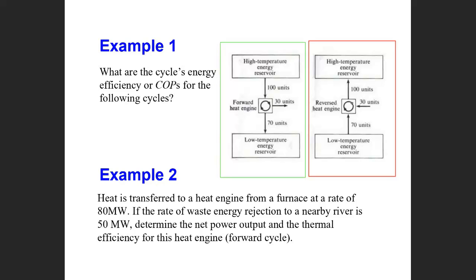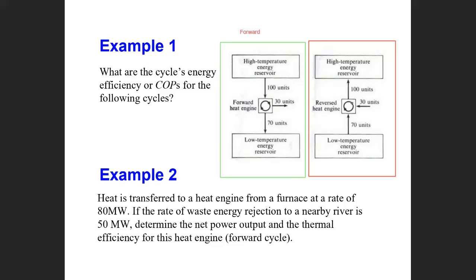Okay, now let's have a look. For example number 1, firstly we need to know if the cycle is forward, because here it indicates forward. This one, we can see the direction is a reversed heat engine.